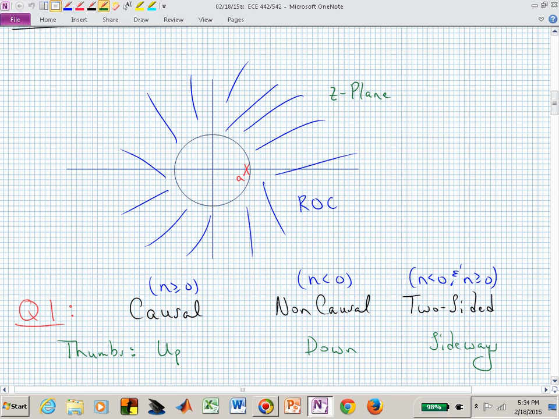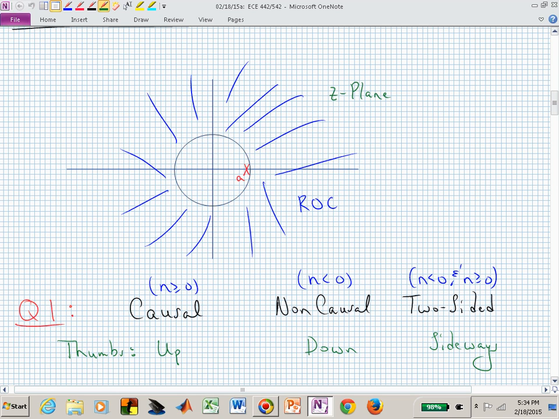But here is a z-plane. The blue shading is the region of convergence. And I'm asking you now, based on that diagram, do we have a thumbs up being causal, a thumbs down being non-causal, or two-sided, meaning thumbs sideways?